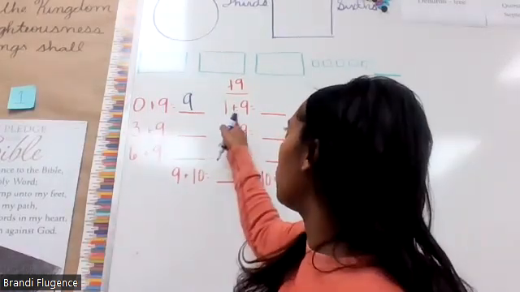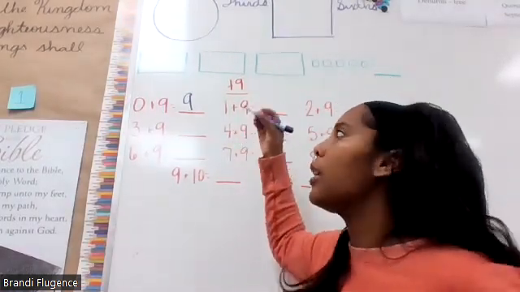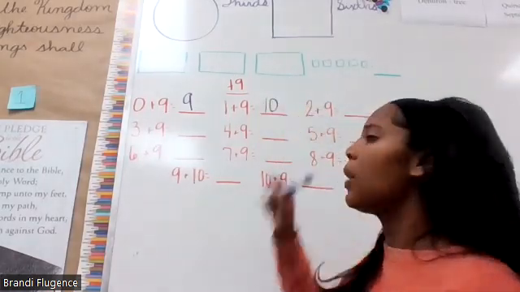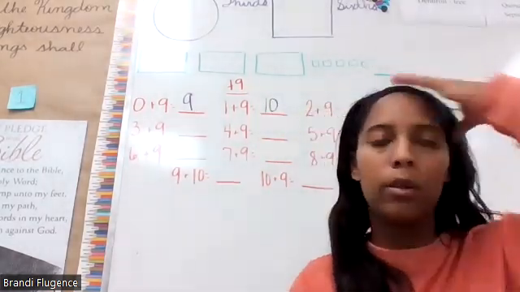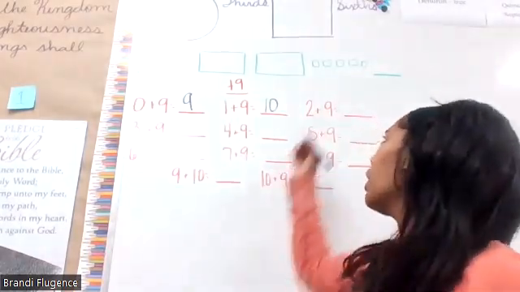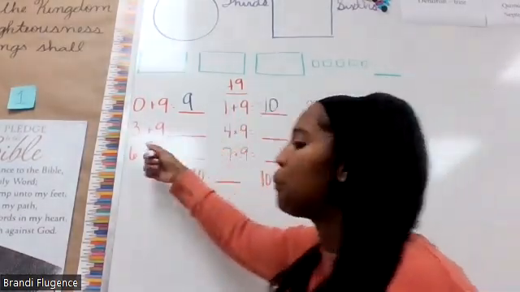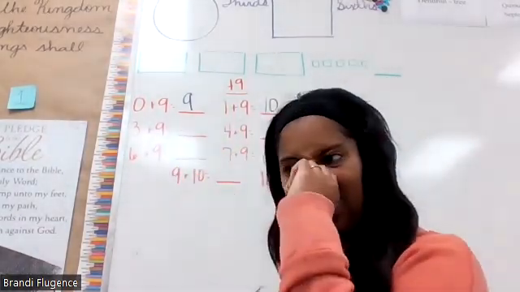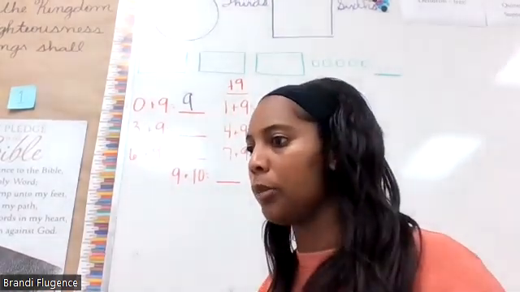Our next one is 1 + 9. That's pretty easy. 1 + 9 is 10. Next, we have 2 + 9. That's a fact we already learned. 2 + 9 is 11. 3 + 9 is 12.